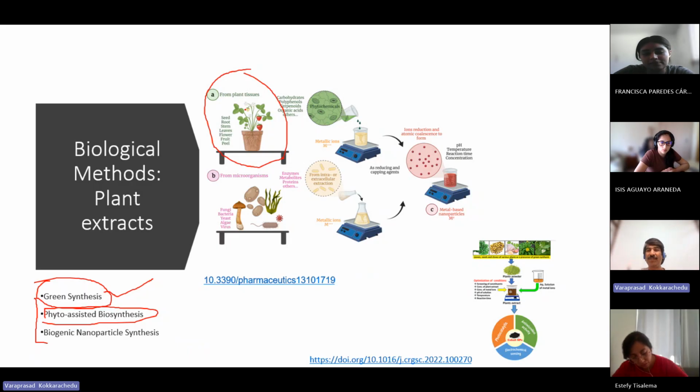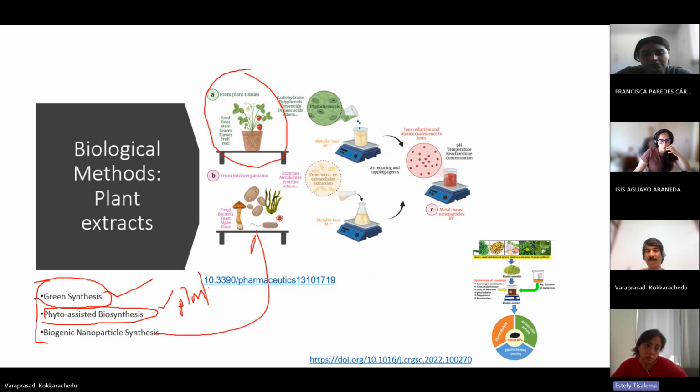That's why it's called the phyto-assisted synthesis process. Here we use only natural plant-related materials. And here we use bio-related materials, that's why it's called biogenic nanoparticles. These two are the green processes.